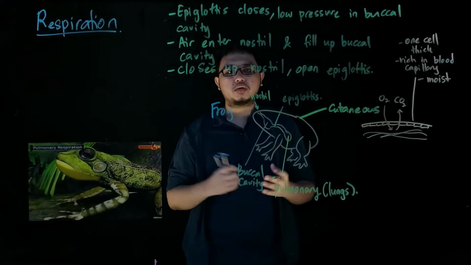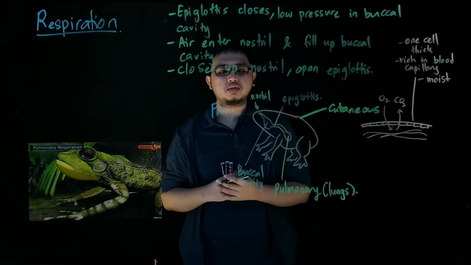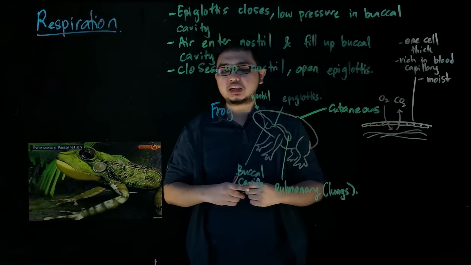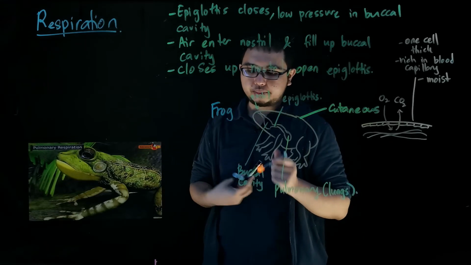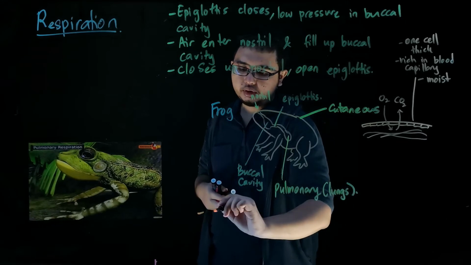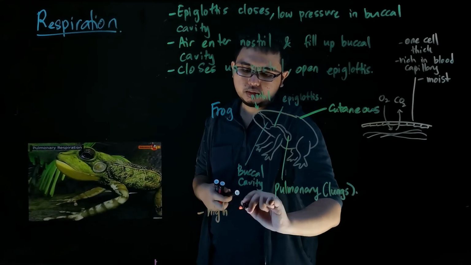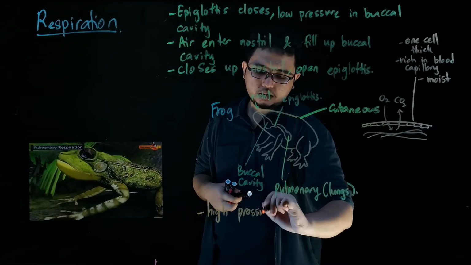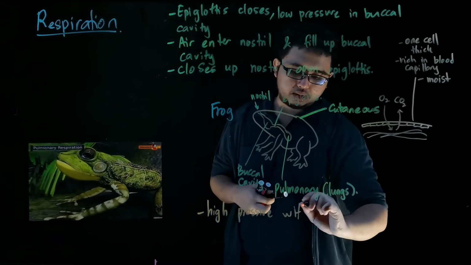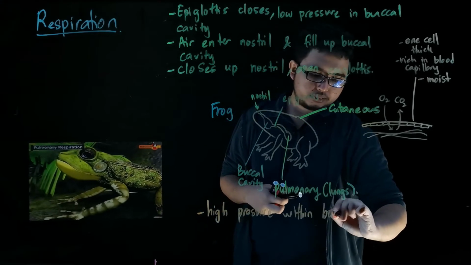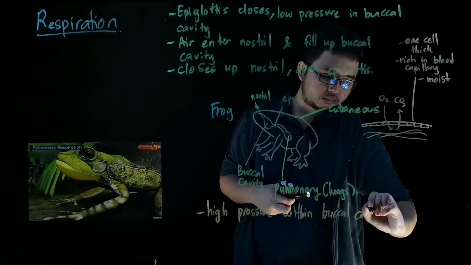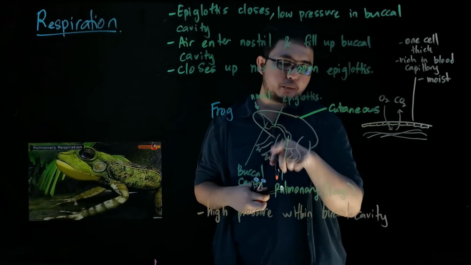So as you close the nostril and open the epiglottis, what happens? Now the pressure inside the buccal cavity is higher. So now you have high pressure within the buccal cavity, and you're going to have low pressure in the lung.